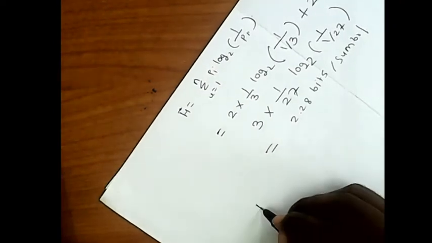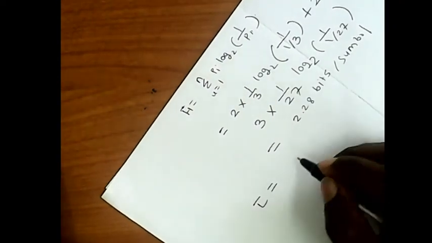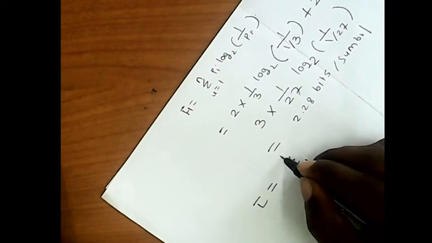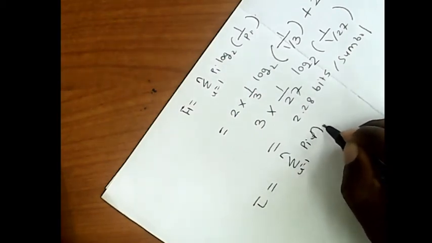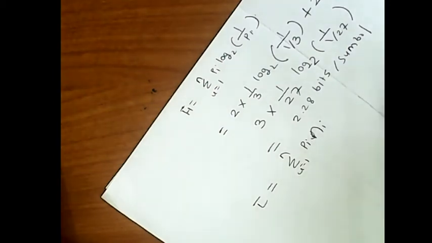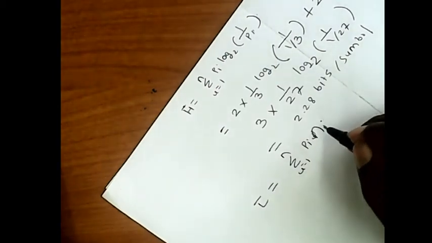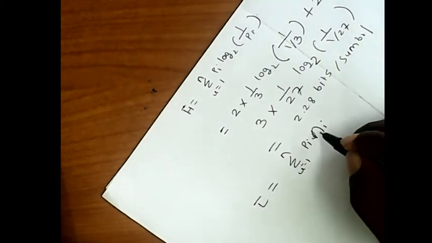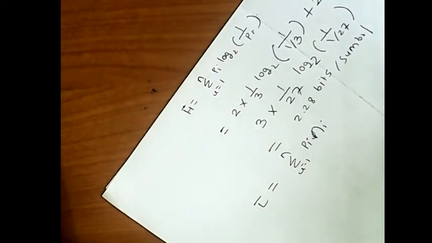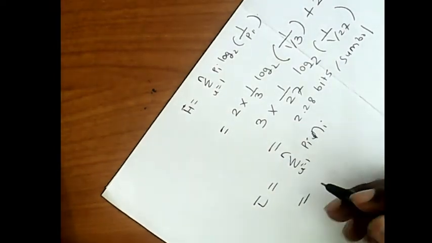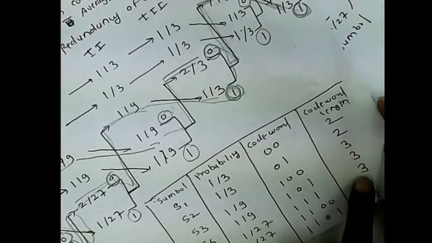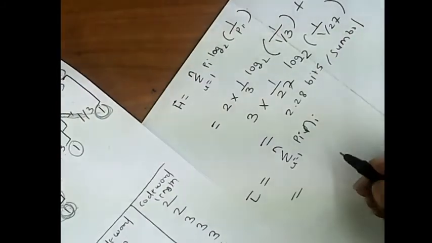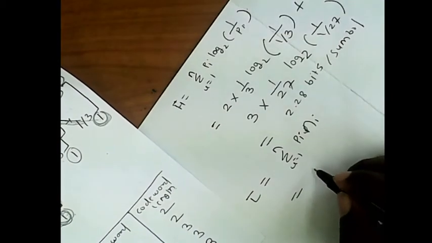Now similarly we calculate the average code word length, that is summation i equal to 1 to n of p_i into n_i, where n_i is the code word length and p_i is the probability of the corresponding symbol. The lengths from this table are 2, 2, 3, 3, 3, 4, 4.